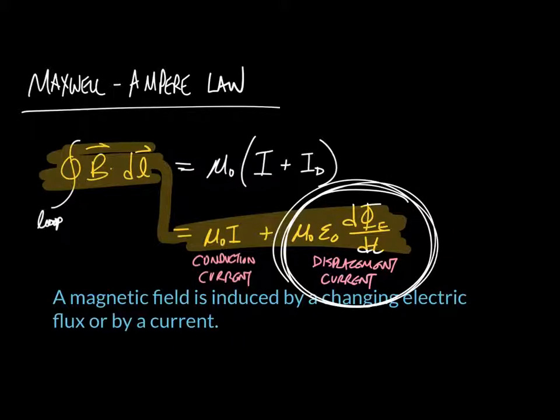So this is the fourth of Maxwell's equations. The first two equations are Gauss's law for electric fields and Gauss's law for magnetic fields. We did that a while back. And then Faraday's law is Maxwell equation number 3, and the Maxwell-Ampere law is Maxwell equation number 4.